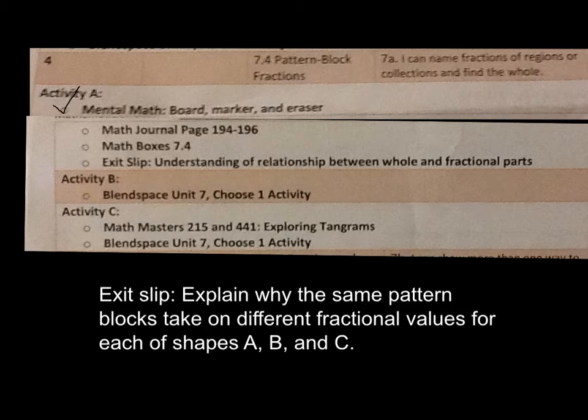You will finish pages 194 to 196, finish your math boxes 7.4, and when you're done with that, you'll do your exit slip, which you need to explain why the same pattern blocks take on different fractional values for each of shapes A, B, and C.